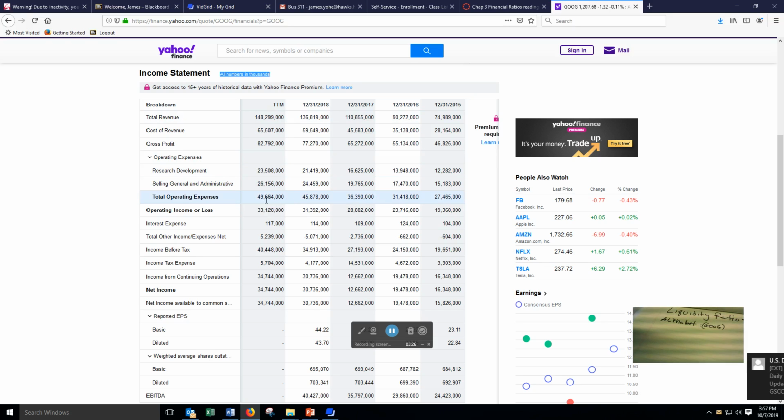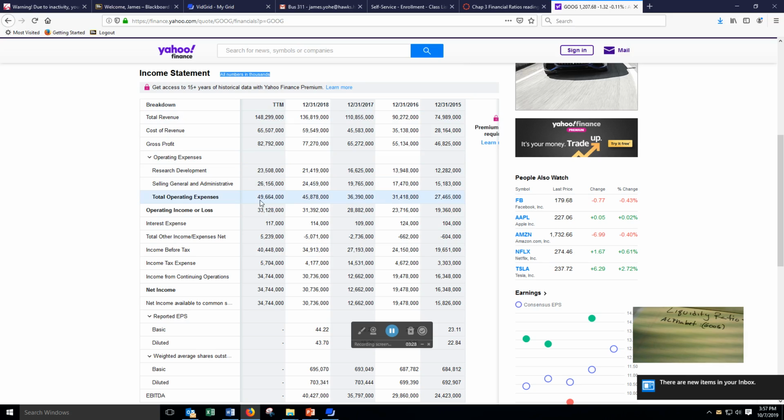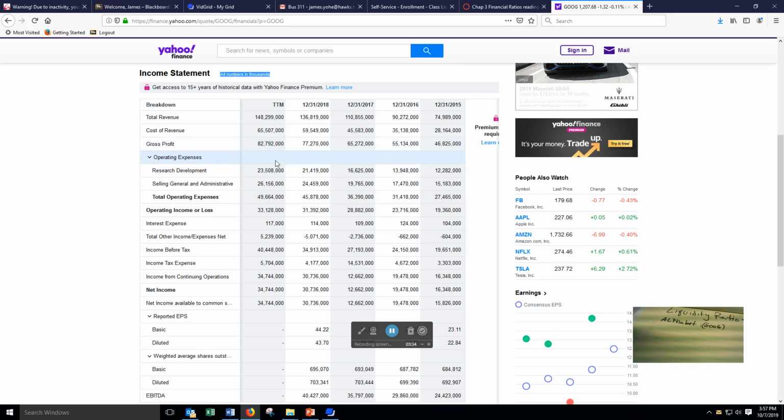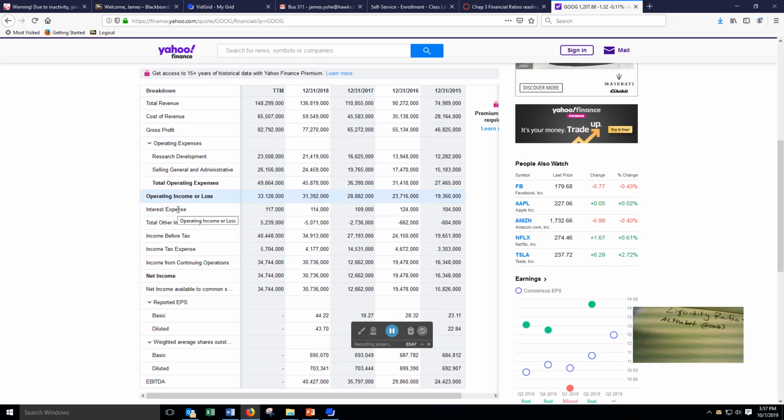No, add 3 zeros to that. That's actually $49,664,000,000. Subtract that from gross profit. That gives us $33,128,000,000 in operating income.